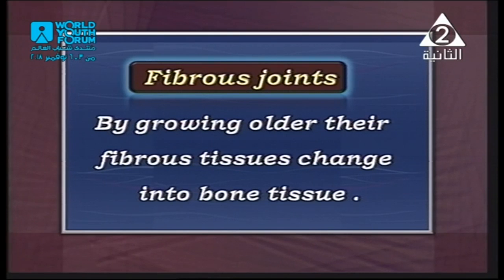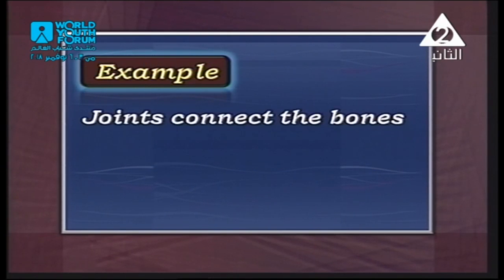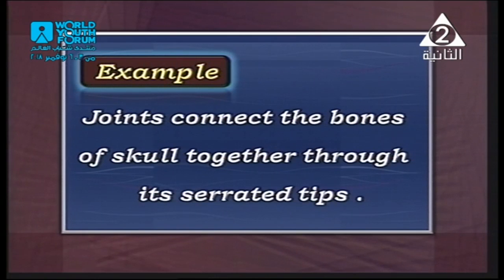One of the greatest examples is the joints that connect the bones of the skull together through the serrated tips. They don't allow any movement, and this is a type of fibrous joint.